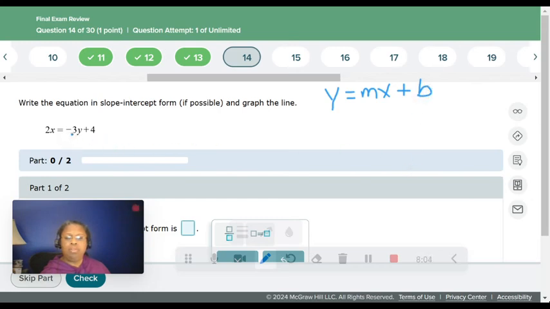So now let's see what we would have to do to this equation to make it look like that. We have 2x equals negative 3y plus 4.